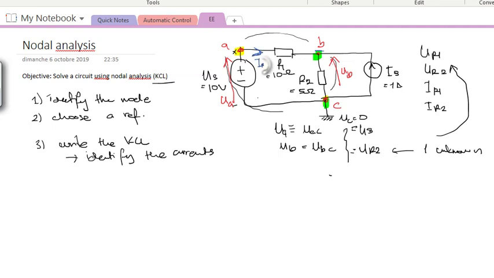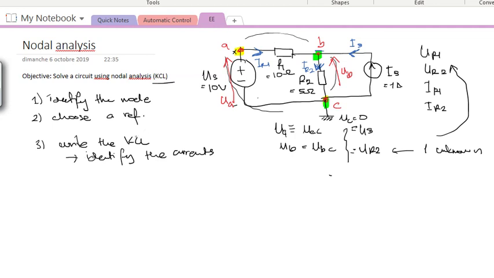I'll call this one IR1. And there is another current coming from the current supply, I'm going to call it IS. And then there are, of course, resulting currents that go out of node B into R2. I'm going to call it IR2, right?